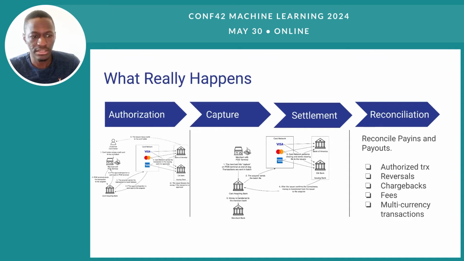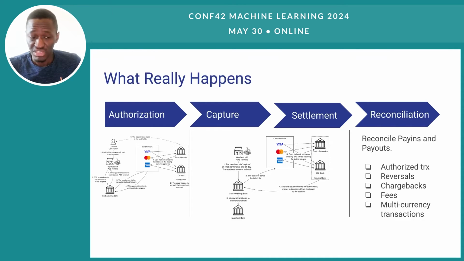The issuer bank will then initiate, after receiving settlement requests, usually sometimes through the card scheme, the actual money movement by paying these funds maybe to the card scheme or directly to the acquirer bank, and then the acquirer bank would then settle their merchants.